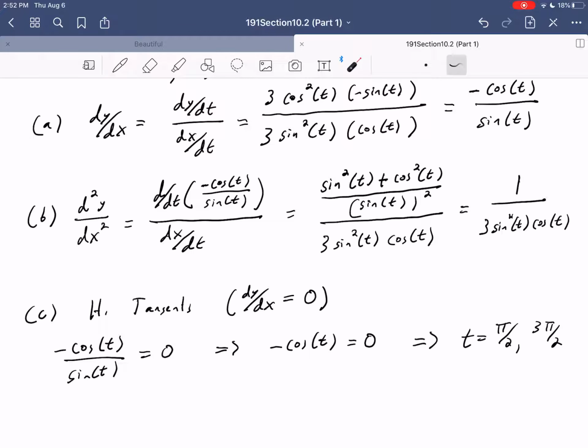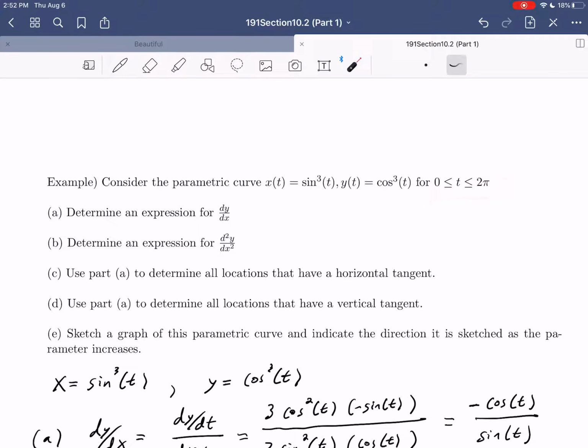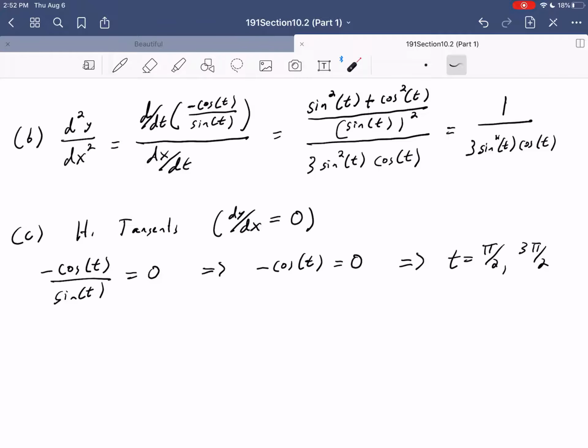It would, of course, also occur at 5 pi over 2 or 7 pi over 2 and all those multiples. But remember, we're working exclusively on 0 to 2 pi, so we don't need to worry about those. So we will have horizontal tangents at these moments of the parameter. Now, are these the actual points where those horizontal tangents occur? No, these are just the values of the parameter. When we go to sketch the curve, we'll want to plug these in and actually get the xy coordinates of those points.